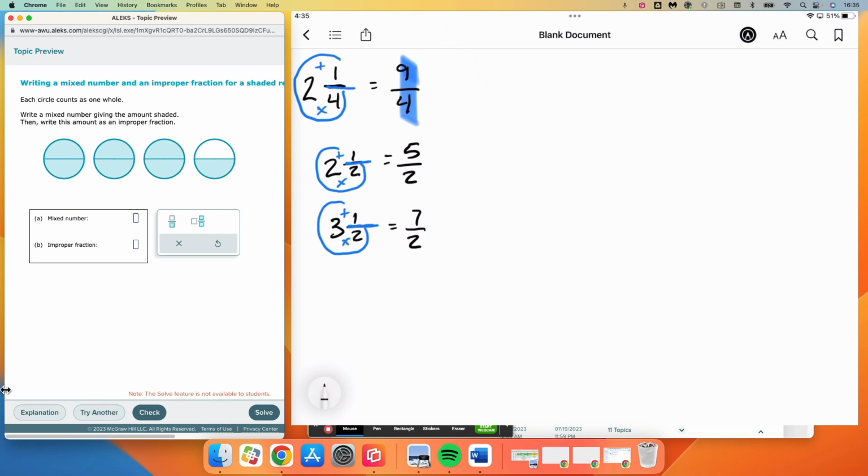So the way I see 3 and 1/2 over here is 1, 2, 3 whole circles and a half of another one. The way I see 7/2 is it takes 2 parts to make up a whole circle. And I have a total of 1, 2, 3, 4, 5, 6, 7 parts. So my mixed number is 3 and 1/2. My improper fraction is 7/2.